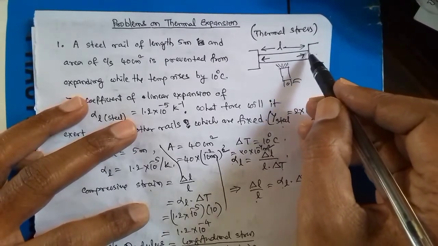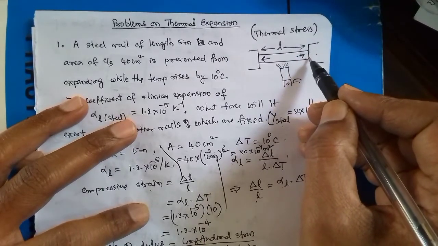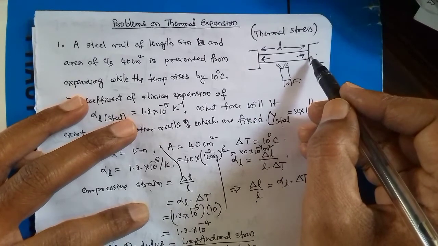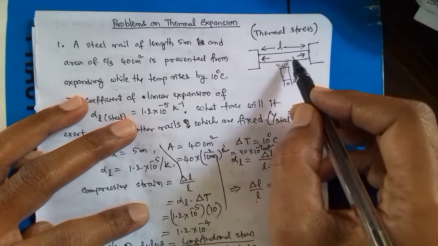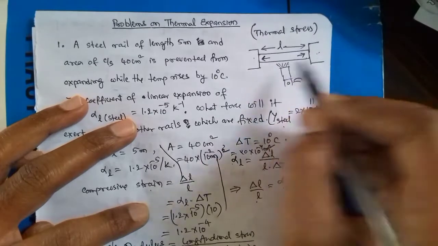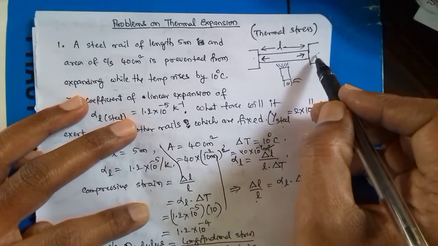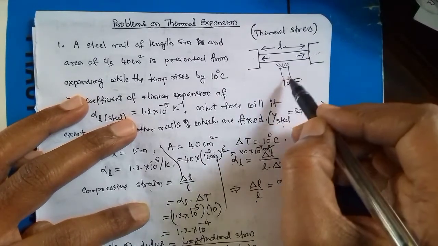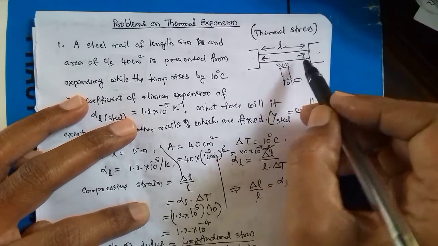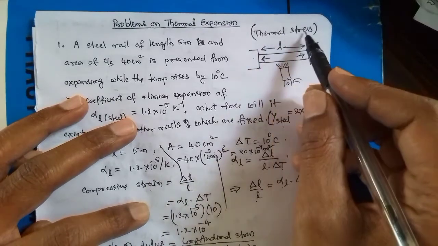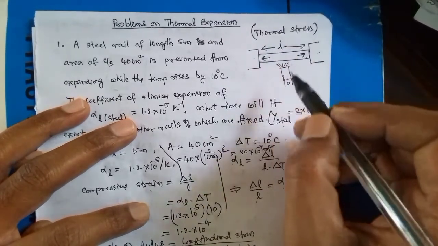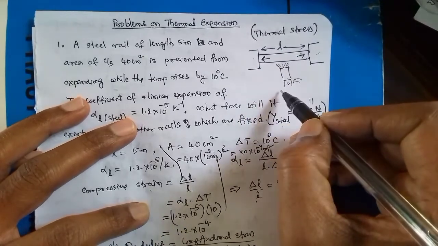Force divided by cross-sectional area is called stress. So it exerts stress on the supports, and that stress is developed because of increase in temperature. Therefore, this stress is called thermal stress, and the corresponding strain is called thermal strain.